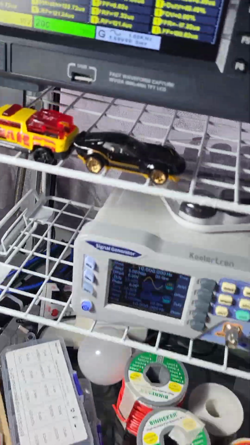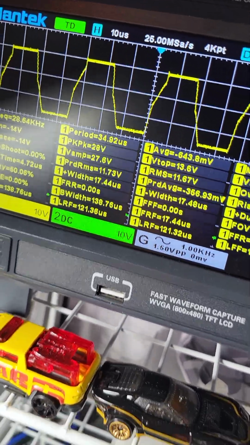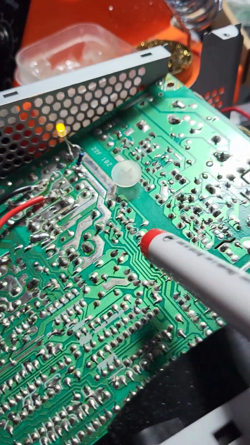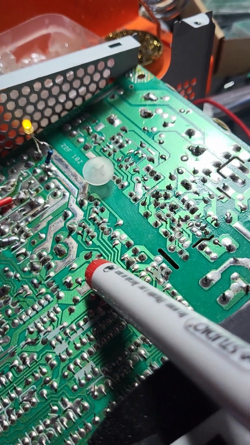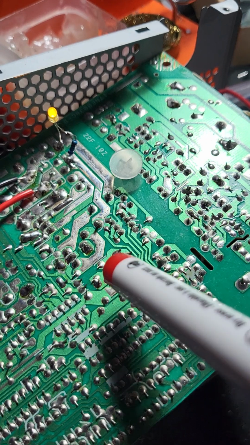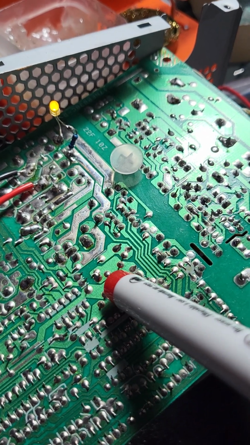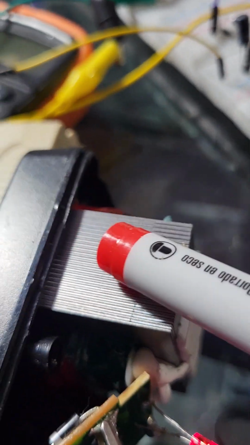Why, I will explain later in our next video, why this higher frequency power supply is easier to regulate and filter than the ordinary power supply.